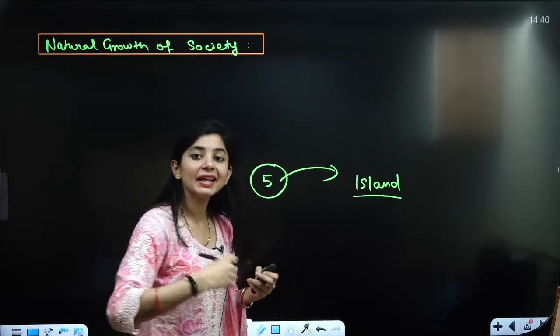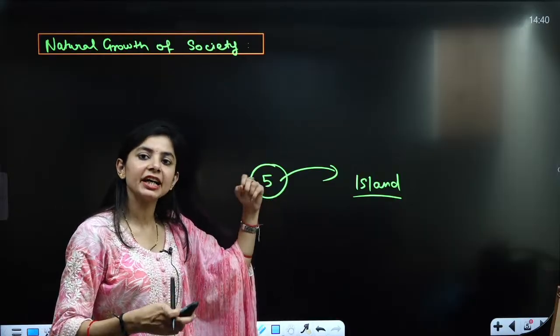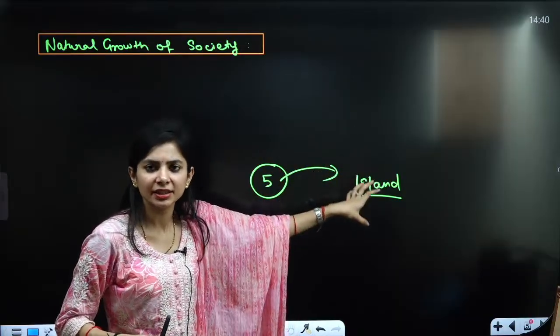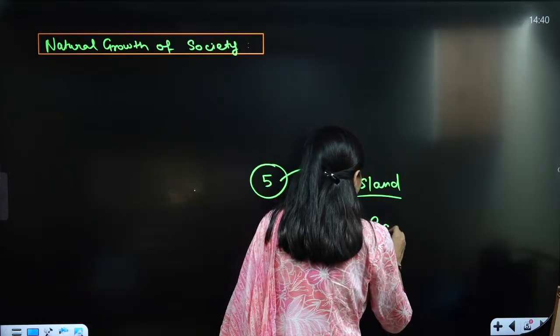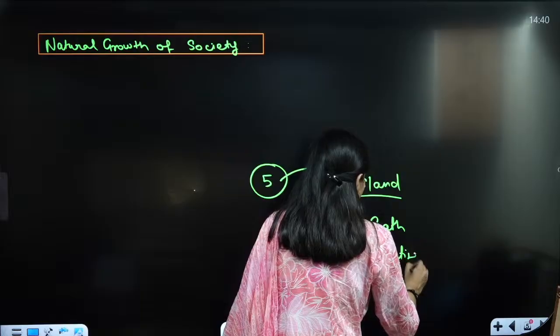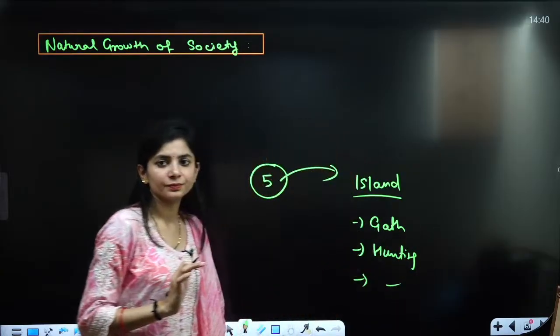As man is born to be free, all these 5 persons are free. They are roaming here and there on this island. Someone is gathering food, someone is hunting, someone is roaming around, some are sleeping.